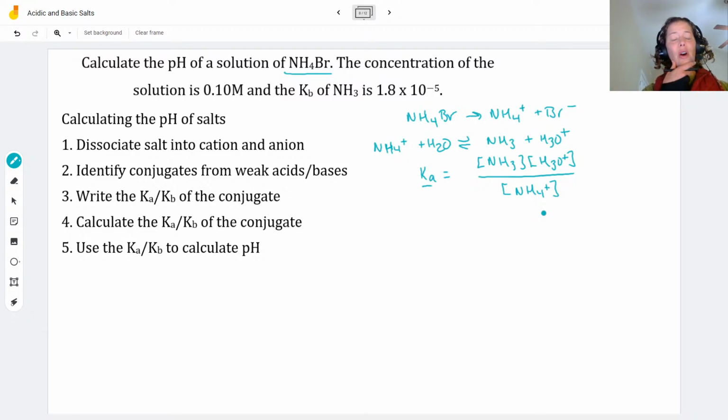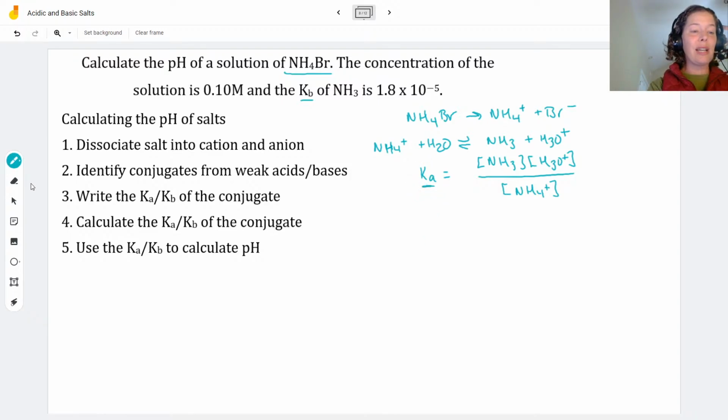So we have an expression for Ka and a balanced chemical equation, but I don't have a value for this Ka. I do have a value for the Kb of ammonia. Remember that ammonium and ammonia are a conjugate pair. That means I can use the Kb of ammonia to figure out numerically what the value of Ka is.